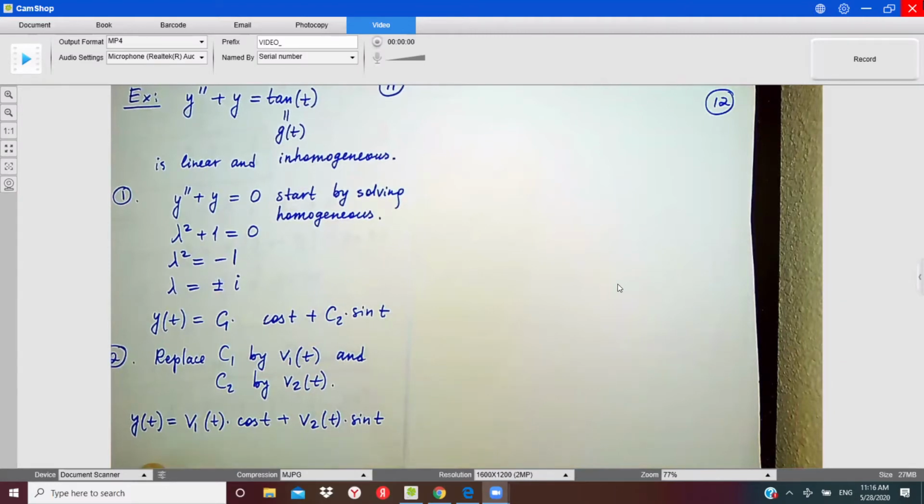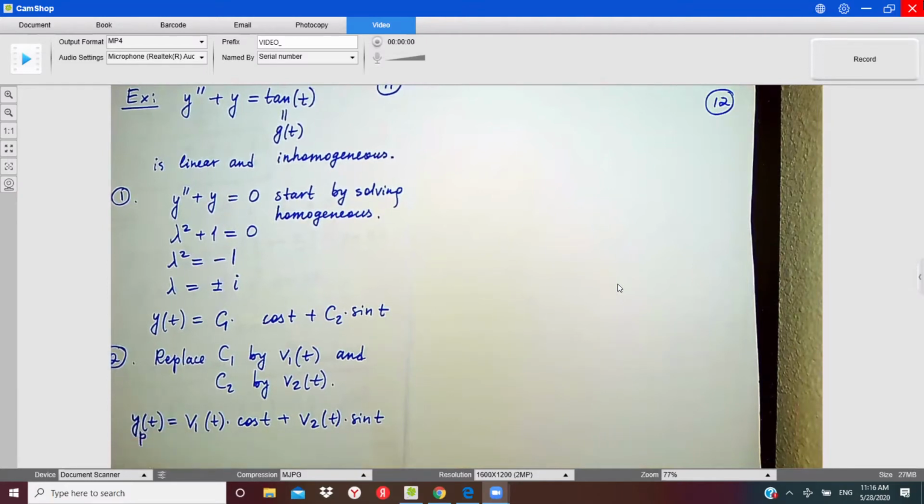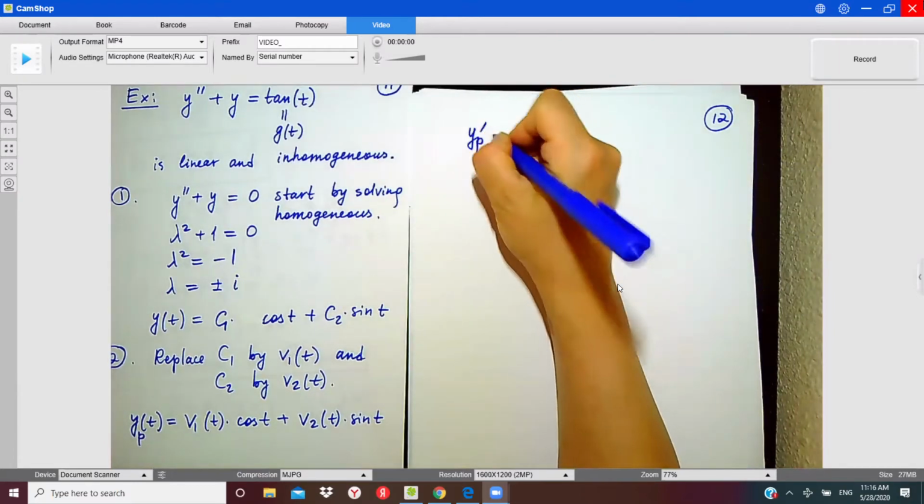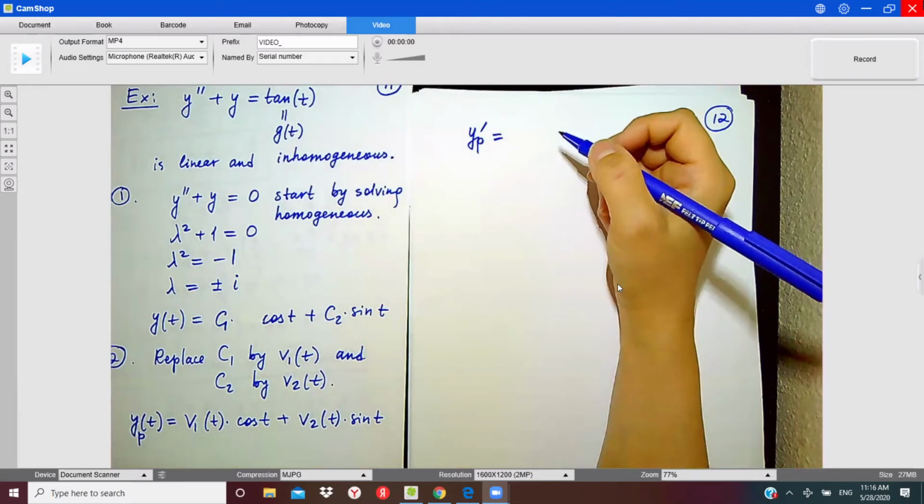So the next step will be to take derivatives. We're going to differentiate this y of t. We're going to treat it as a particular solution. Let's call it y sub p, according to the text. So we'll find the derivative using the product rule, right?